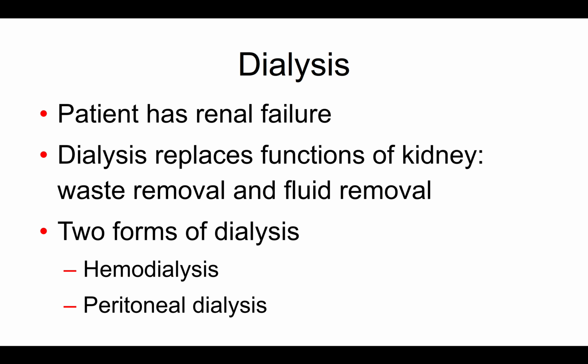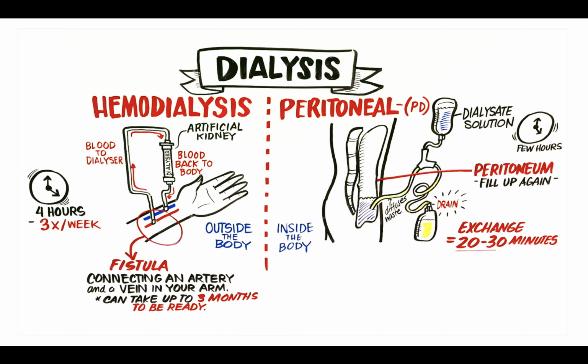Dialysis. So folks that are having kidney failure or renal failure need to undergo dialysis. There's two main forms here: hemodialysis and peritoneal dialysis. In hemodialysis, their blood is essentially shunted out into a machine to clean and then go back into the body.